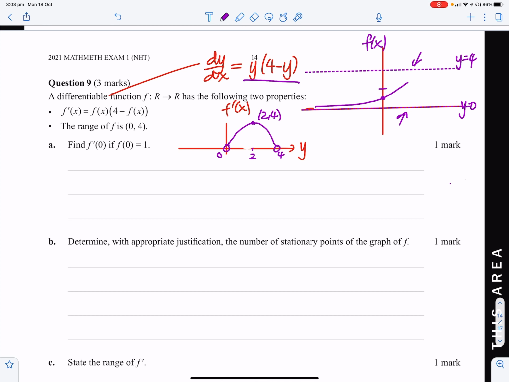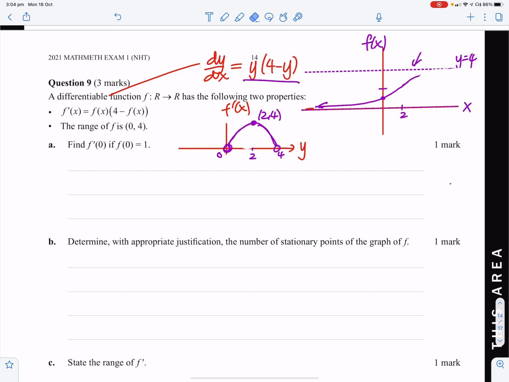It gets to its maximum slope when y is equal to 2. This is against x. And then it goes back toward 0. So it goes up until its maximum gradient, and then it goes back to 0. So that's what our original graph's going to look like, because it's a strictly increasing function.